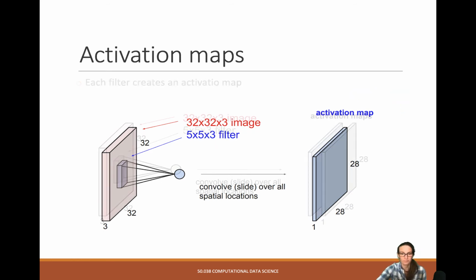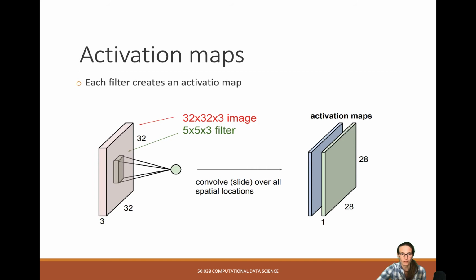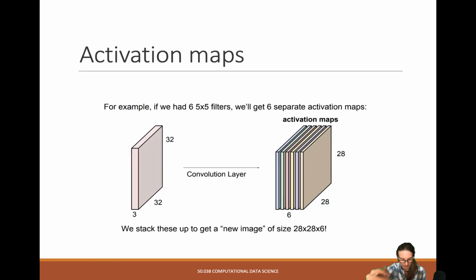If you convolve over all spatial locations, for each filter, you will get a different activation map. So if you have 6 filters here, you will get 6 activation maps.